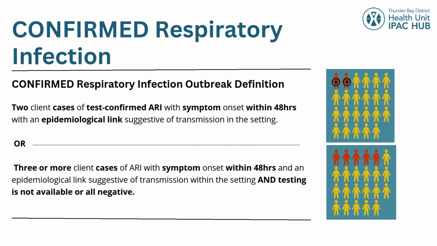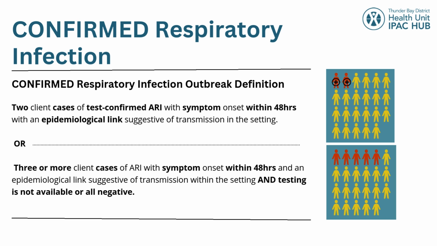That occurs when 2 clients who meet the acute respiratory infection definition on the previous page have onset of symptoms within 48 hours of each other, having that epidemiological link, and have been test confirmed to have an acute respiratory illness.